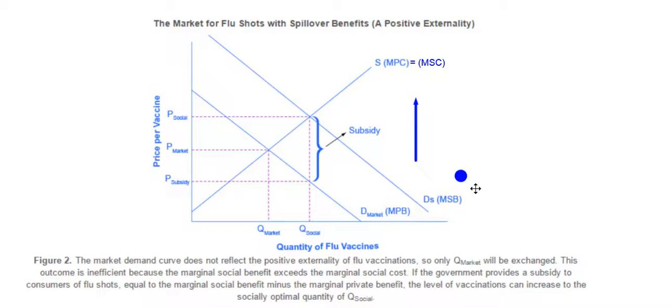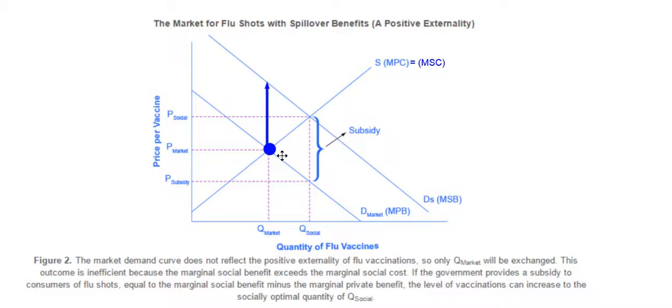So if we just allow the quantity to be produced and consumed just in the market, we'll end up right here. But at this point right here, marginal social cost is far lower than marginal social benefit.